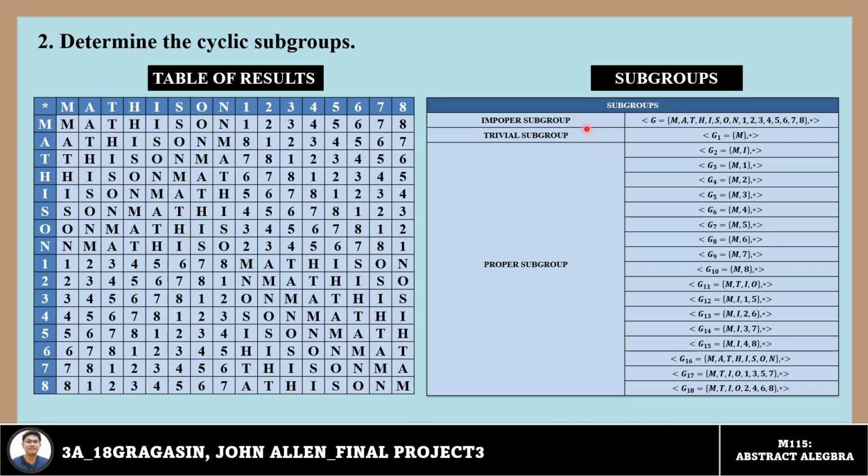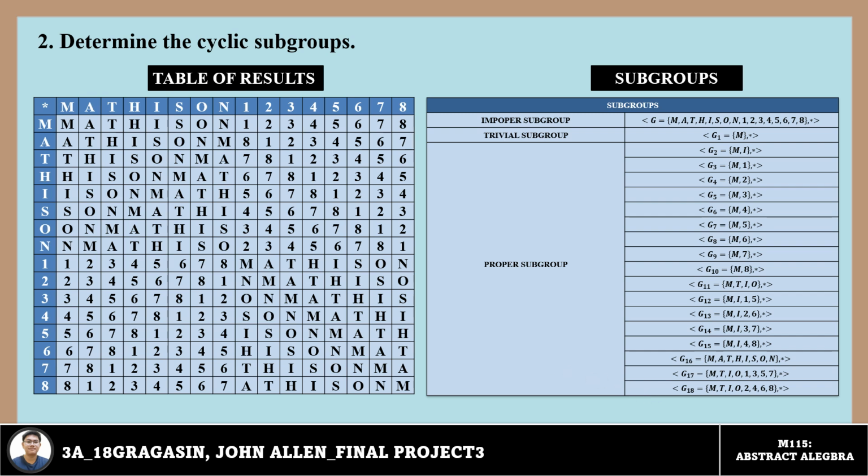So we have here the improper subgroup, which is the set G, the trivial subgroup, the subgroup G sub 1, and then the proper subgroups, which are G sub 2, G sub 3, G sub 4, G sub 5, G sub 6, G sub 7, G sub 8, G sub 9, G sub 10, G sub 11, G sub 12, G sub 13, G sub 14, G sub 15, G sub 16, G sub 17, and G sub 18.